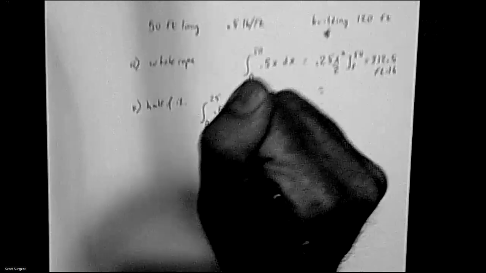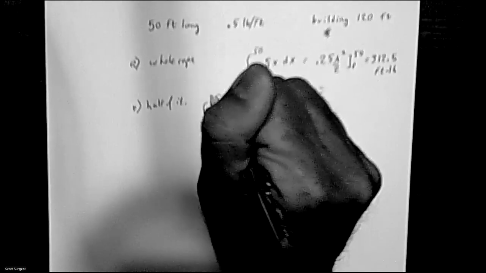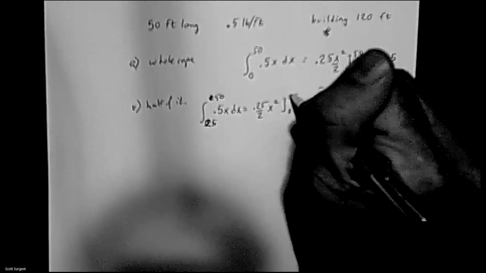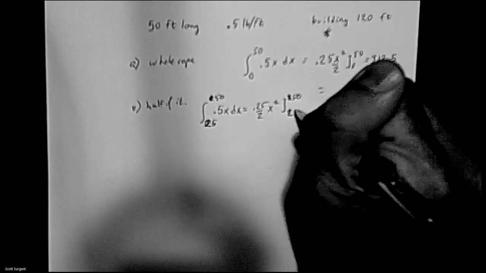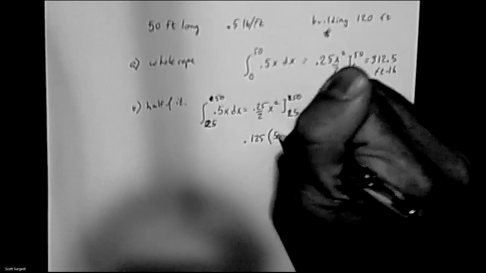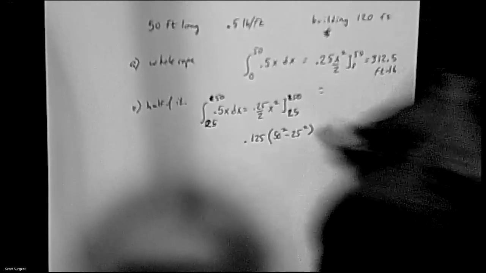Oh, my bad. This should be 25 to 50. Because you're, okay, my bad. So this is 0.125. This would be 50 squared, take away 25 squared. Let me do that again.